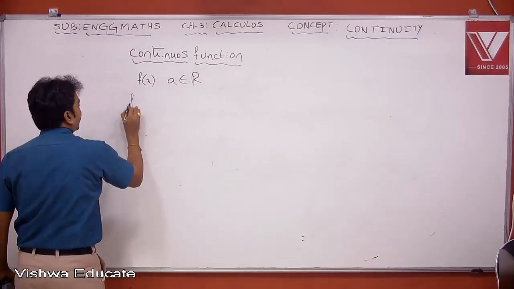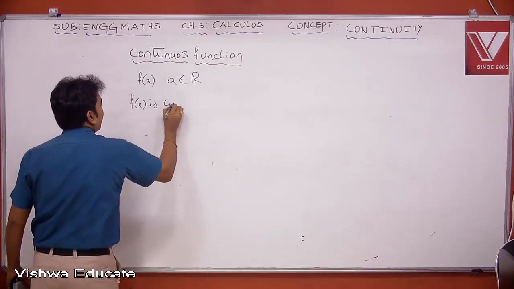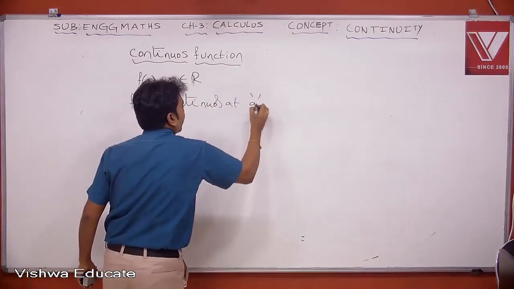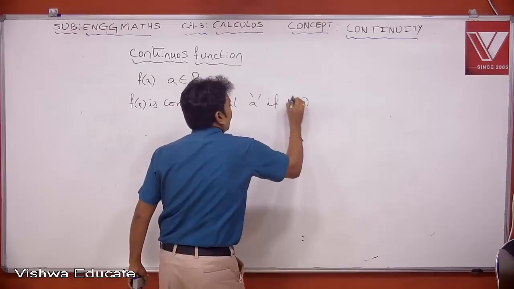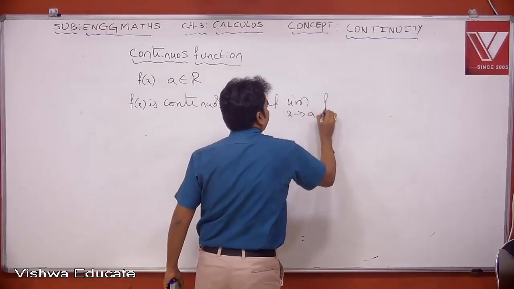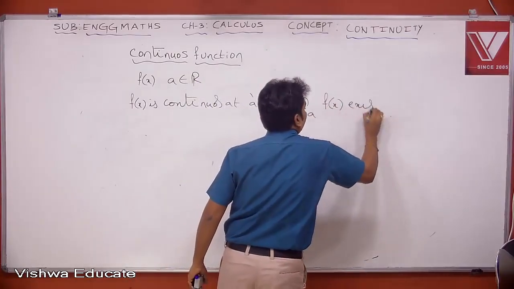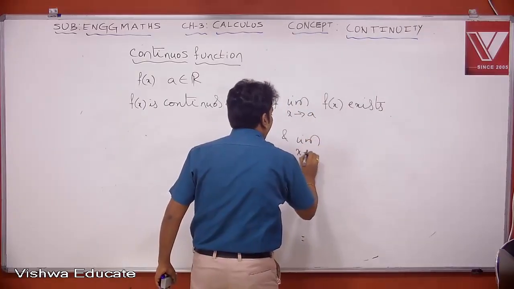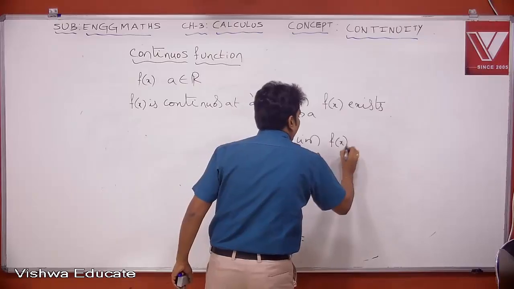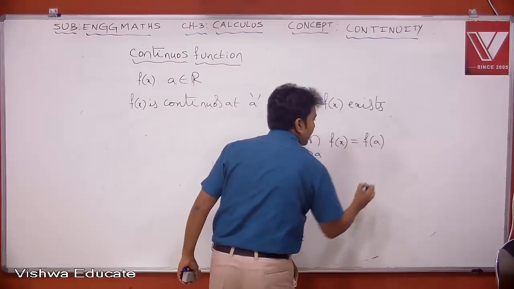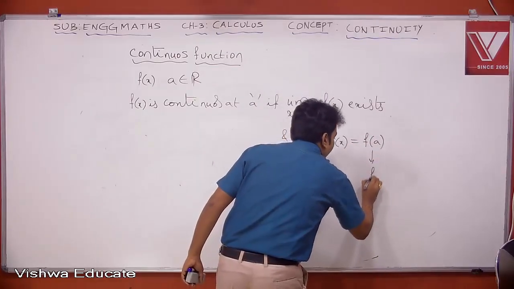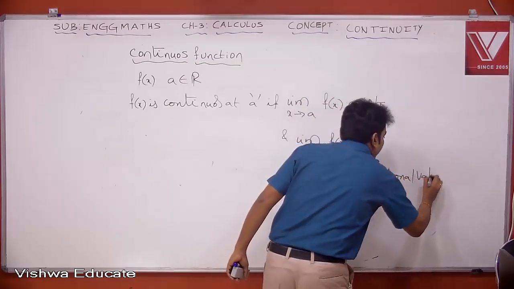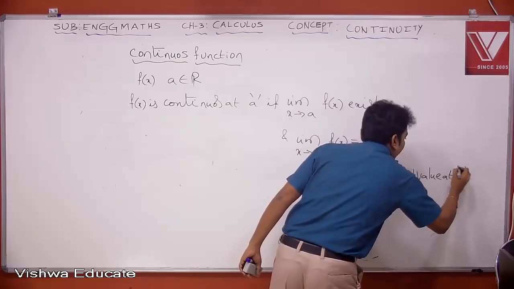We say that f of x is continuous at a if limit x tends to a, f of x exists, and limit x tends to a, f of x equals the functional value, that is f of a. Basically, what is this f of a? Functional value at a.